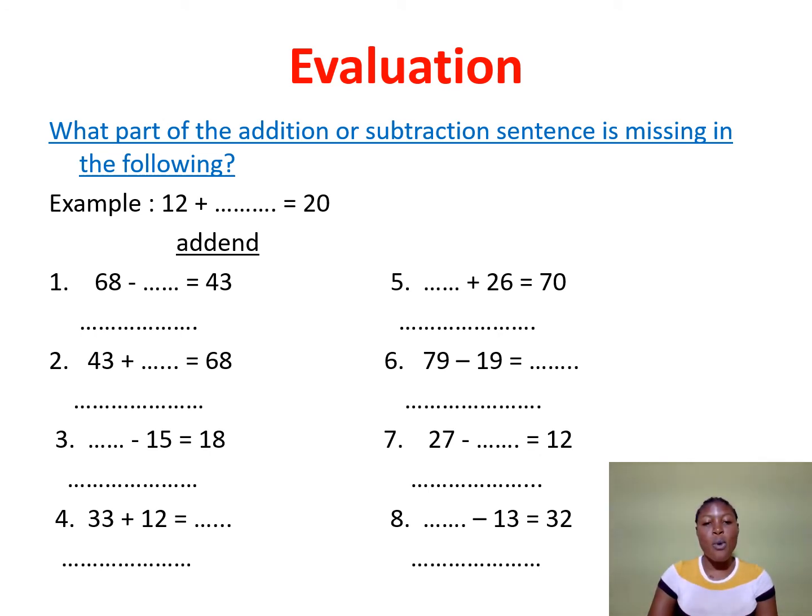The missing one, we write the name as addend, because that is the number that is missing. You first find the number that is missing, then you write the number name. So we have 1 to 8. Some are subtraction and others are addition.